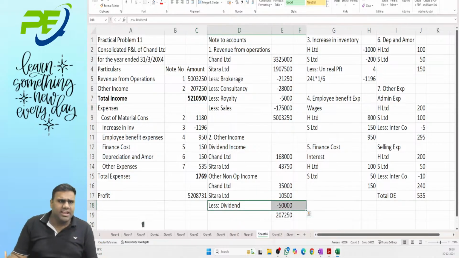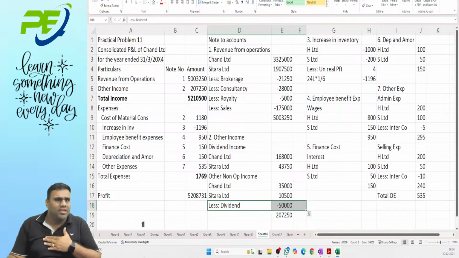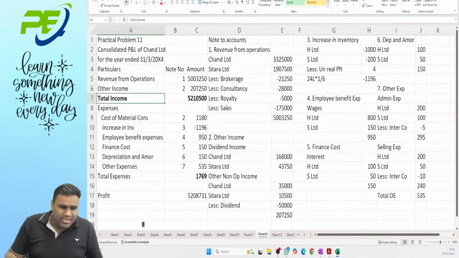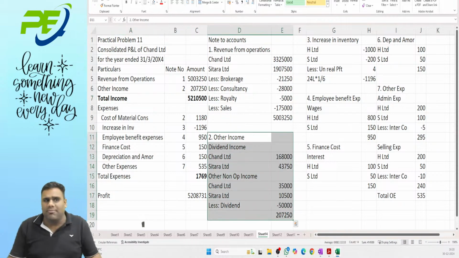Dividend is again intercompany: the subsidiary has paid and the holding has received.